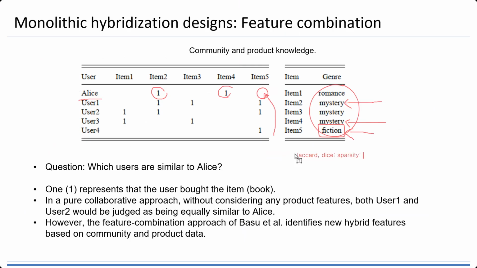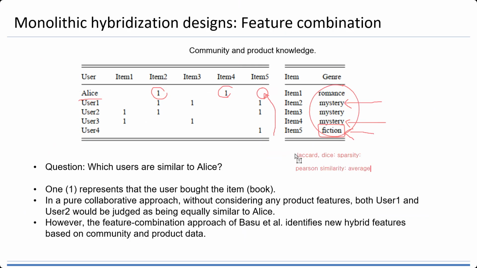The sparsity effect, we can try to reduce it using Jaccard, Dice, or cosine similarity. And of course, you can use other methods like Pearson similarity. However, Pearson similarity is not highly recommended because Pearson similarity relies on the average.